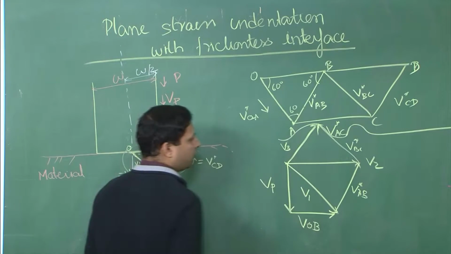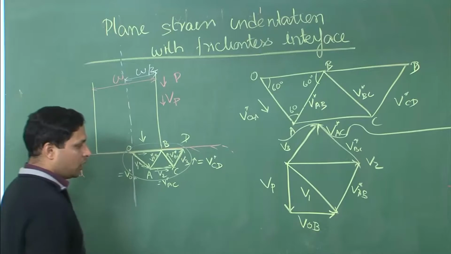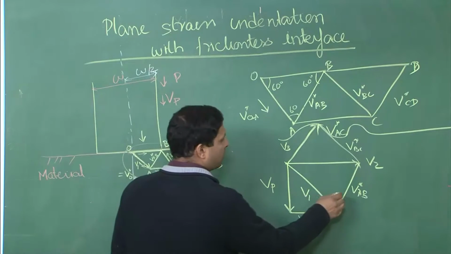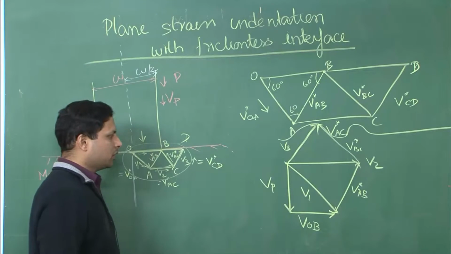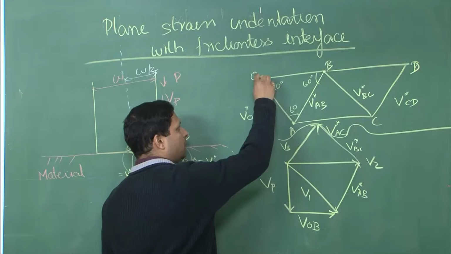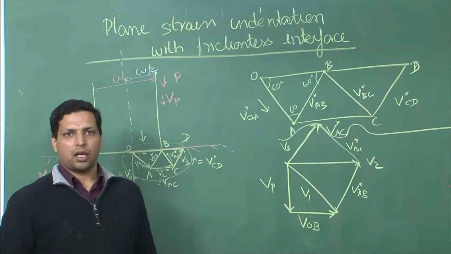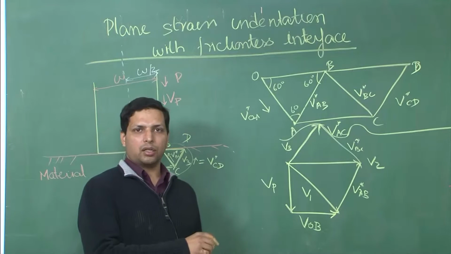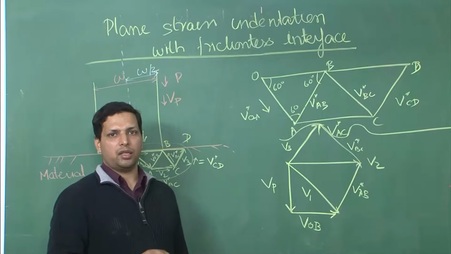So, we have this velocity diagram over here. Now, once we have the velocity diagram, what can you say about the magnitude of these velocities? What can you say about the magnitude of the length OA, OB, OC? I will leave you with this problem to think about it, and we will come back to this particular problem again when we meet in the next class.